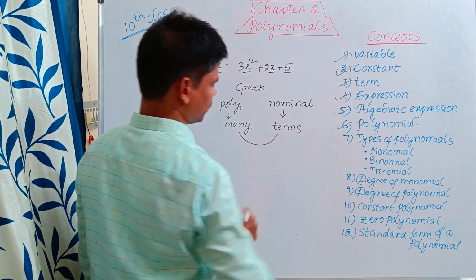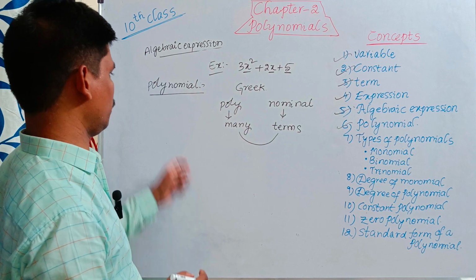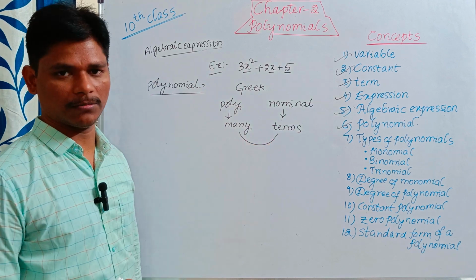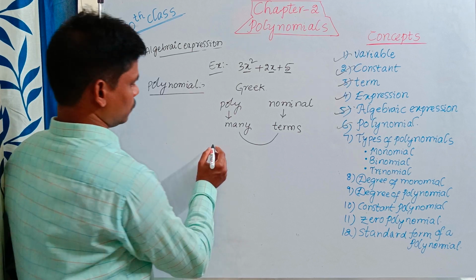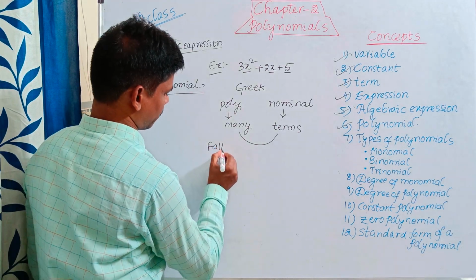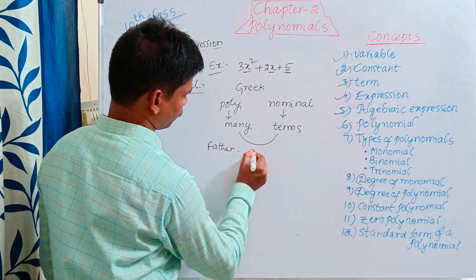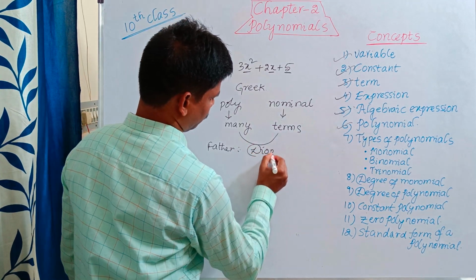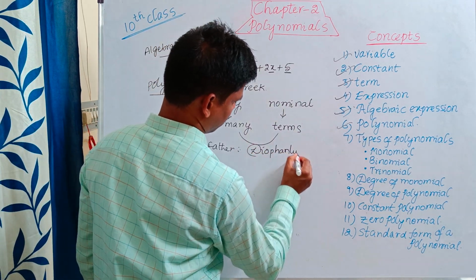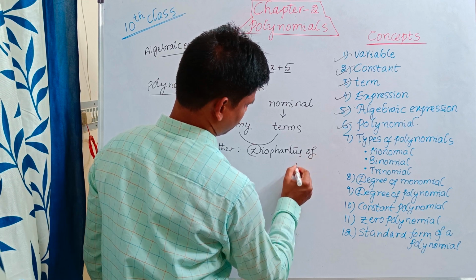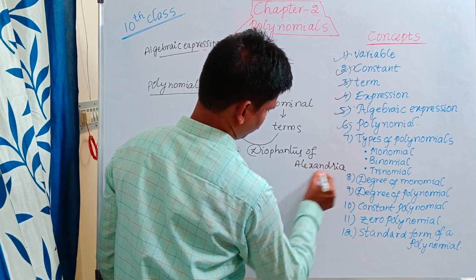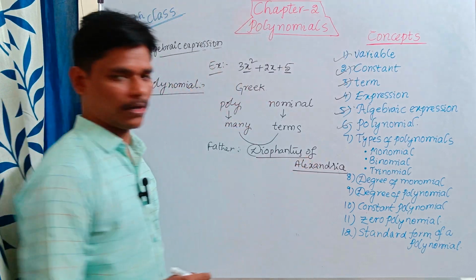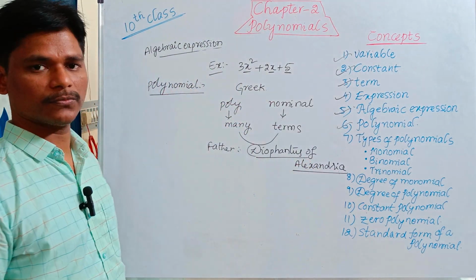So it describes many terms. Polynomial means many terms. Who is the father of polynomial? The father is Diophantus of Alexandria. He is the father of polynomial.